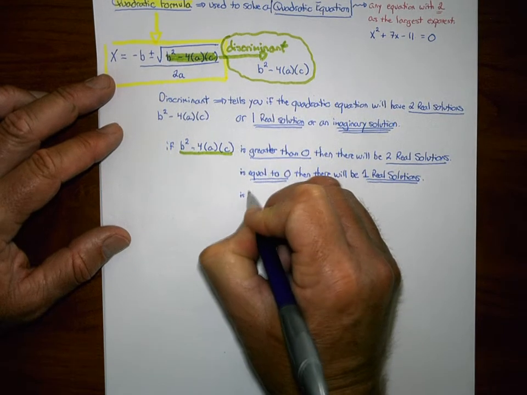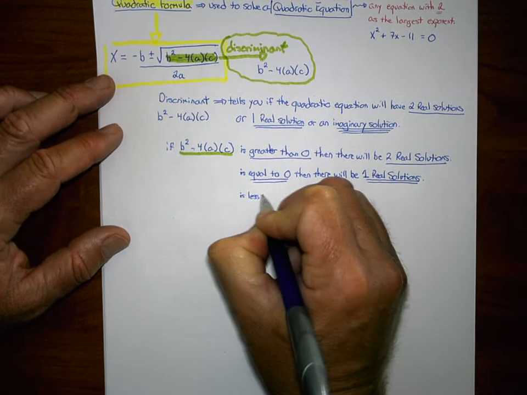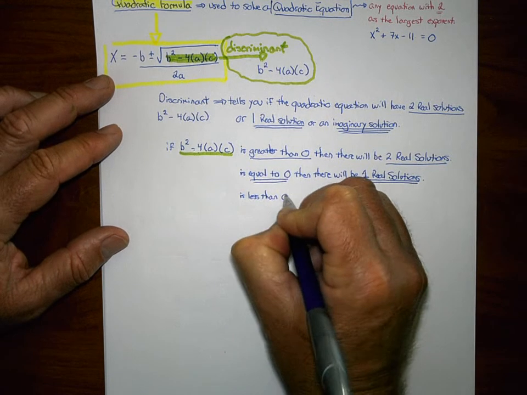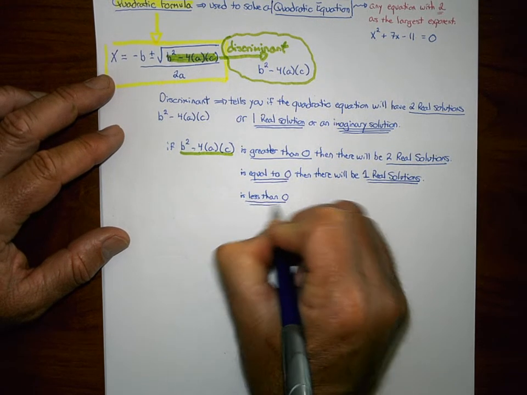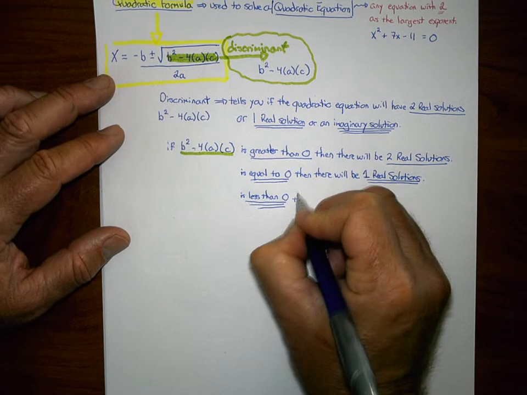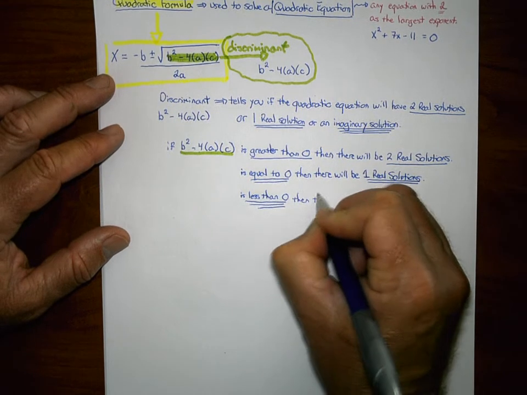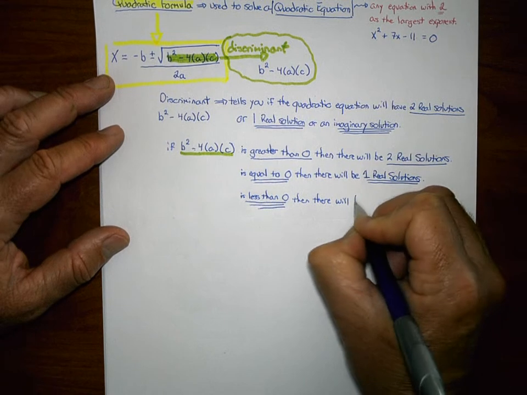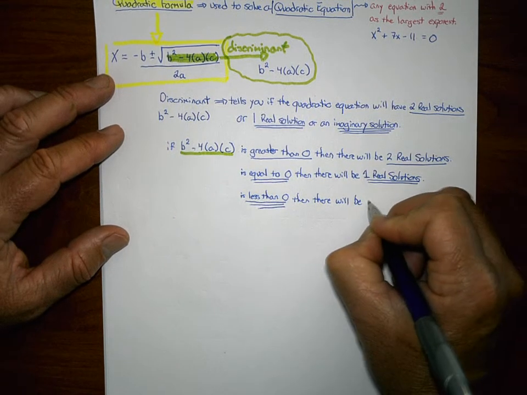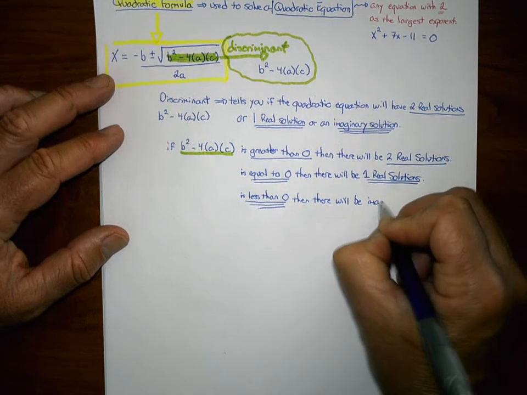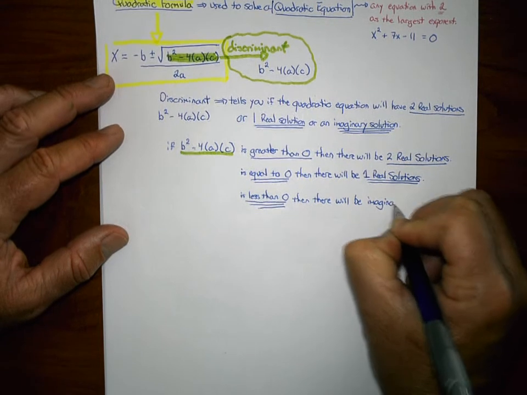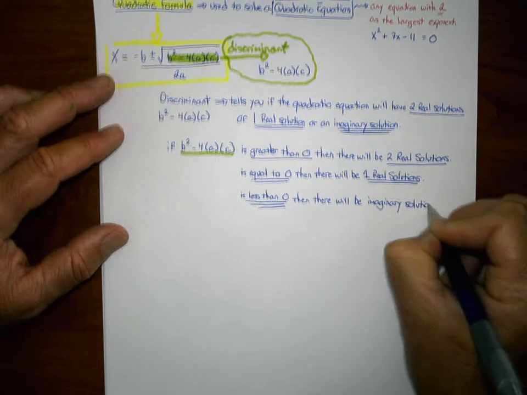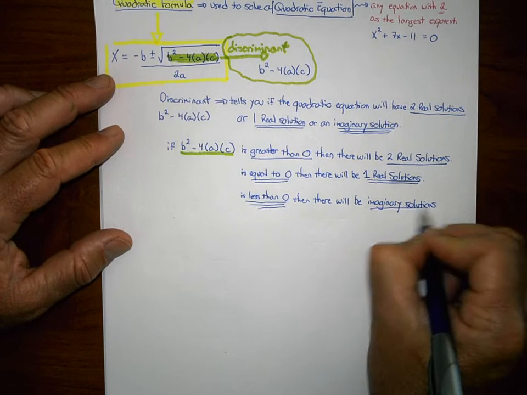Okay, so then there's a third option that says if b squared minus 4ac is less than 0, so if this discriminant turns out to be less than 0, then there will be imaginary solutions. Imaginary solutions. There we go.